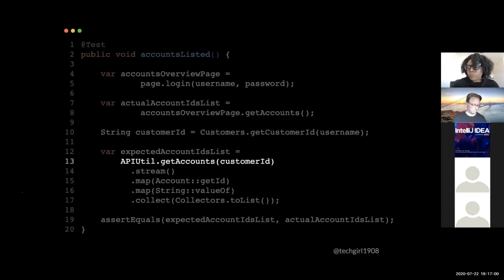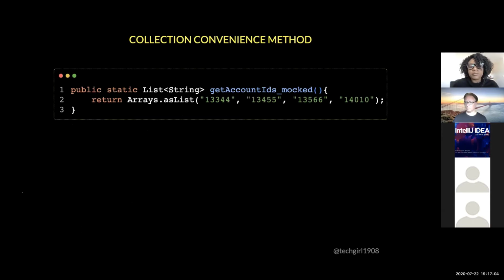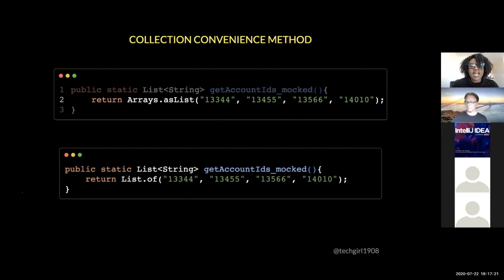All right, one more thing I want to show you in that API class. Let's say that we didn't want the entire response, but we wanted to just return a hard-coded list of expected account IDs. The old way of doing this would be to use the Arrays.asList method. However, in Java 9, the of method was introduced for all entities in the collection framework.